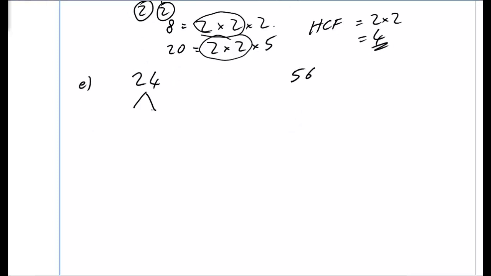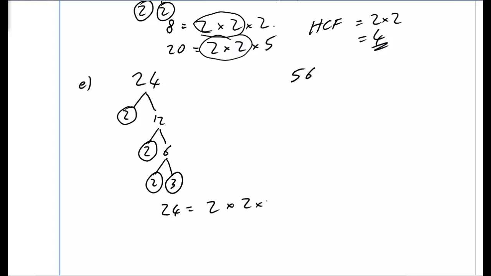So 24 is 2 times 12. 12 is 2 times 6. 2 is a prime number, so we circle it. 6 is 2 times 3, and 3 is a prime number. So the prime factors of 24 are, 24 will equal 2 times 2 times 2 times 3.